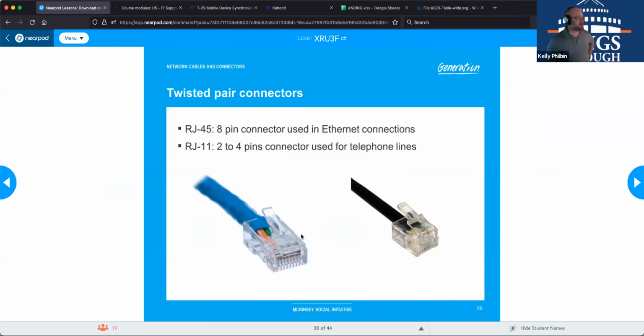And the modern Ethernet type cable is more rectangular and has 8 pins for connection. That is the RJ45. So that is the name for our connector, RJ45 versus an RJ11. See, we're cruising now. We're already up to slide 30.